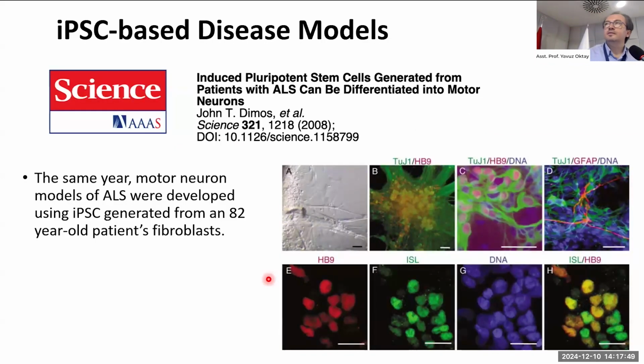And then it was shown that this can be applied to generate disease models, obviously. So with iPS, yes, the main goal is to use it as a cure or therapy, but it also proved to be really useful to model diseases, for many of which we did not have any physiologically relevant models.